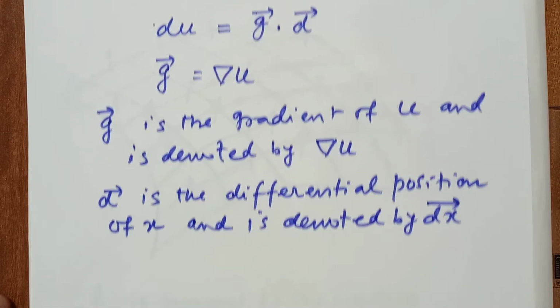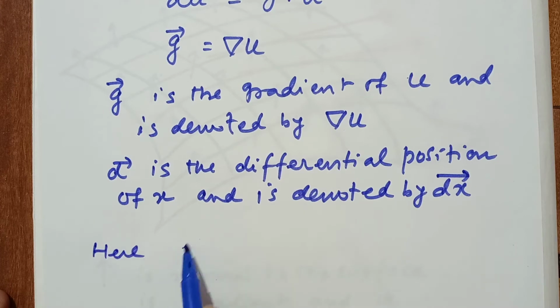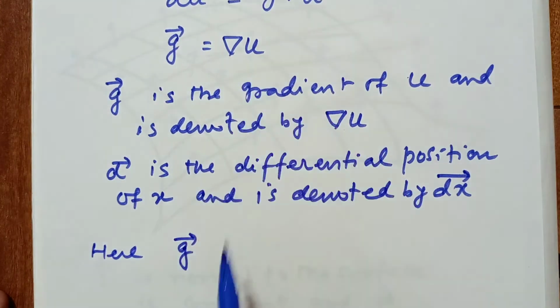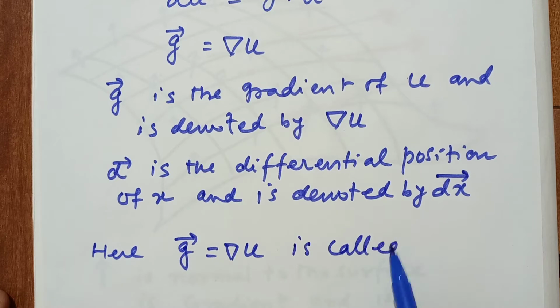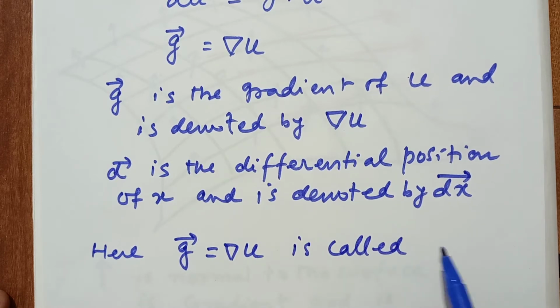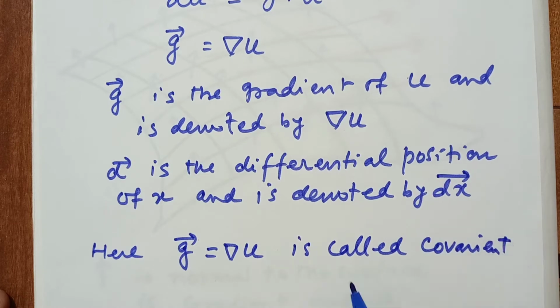This is very interesting: this gradient G, which is nothing but delta U, is called a covariant tensor.